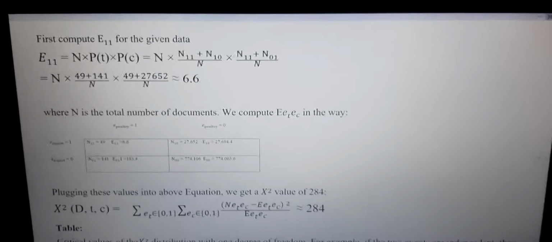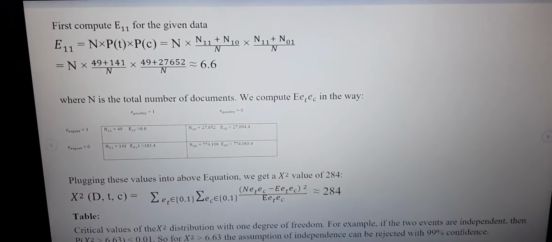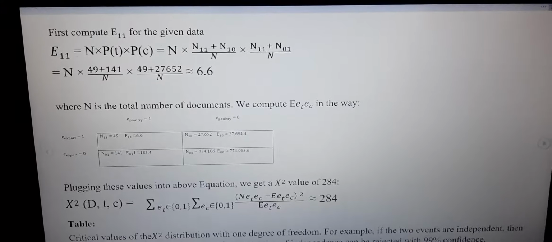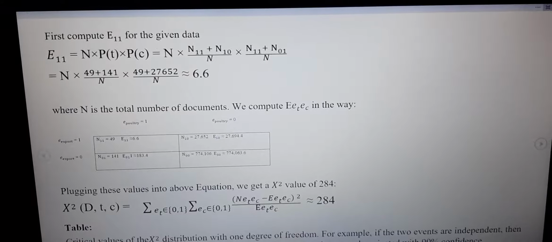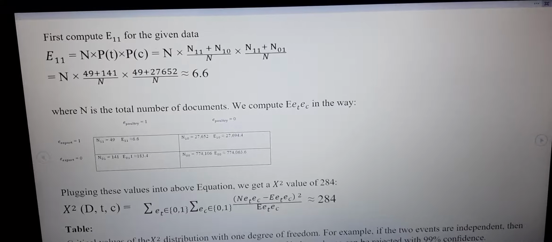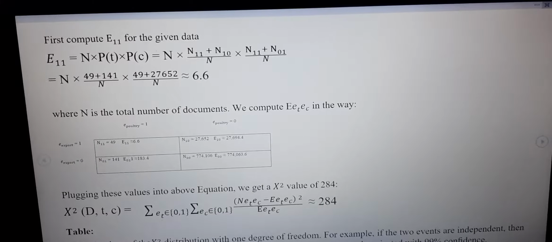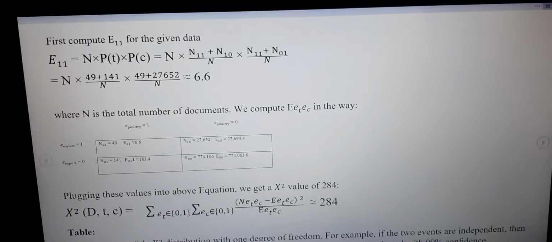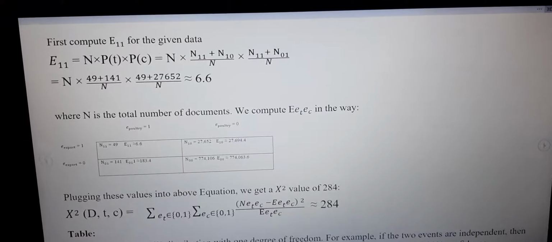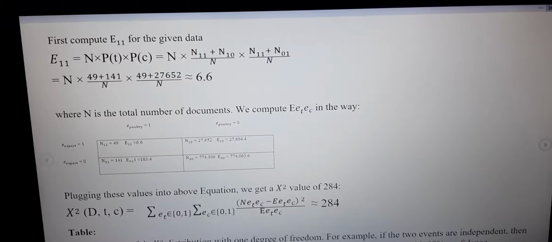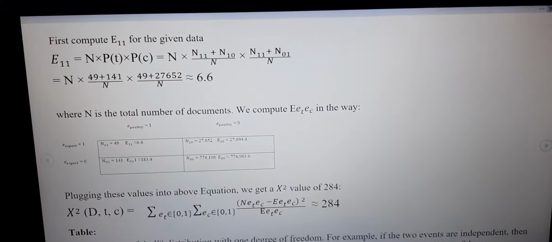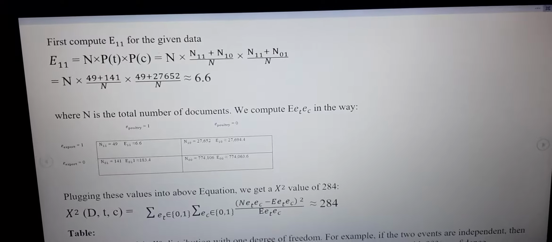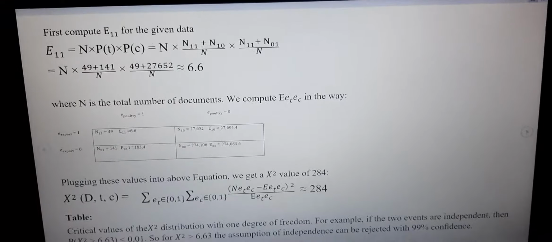By inserting these values in the equation of E11, which equals N times P(t) times P(c), that is N times (N11 plus N10) by N times (N11 plus N01) by N, which equals N times (49 plus 141) by N times (49 plus 27,652) by N, which equals 6.6.